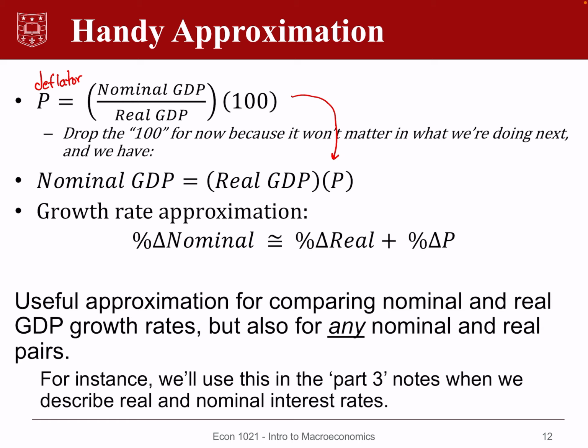So it's a handy trick: if I know the growth rate of nominal GDP and the growth rate of real GDP, then you can figure out approximately the rate of inflation, or any of the other combinations. As long as you know two, you can get an approximate value for the third. This is useful for comparing nominal and real GDP growth rates, but it's also something we're going to use again when we talk about interest rates.